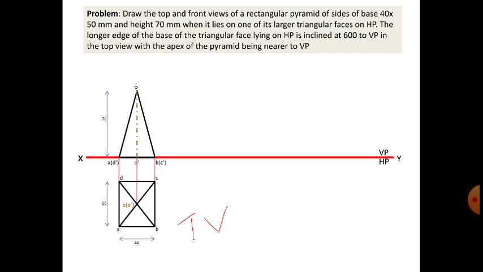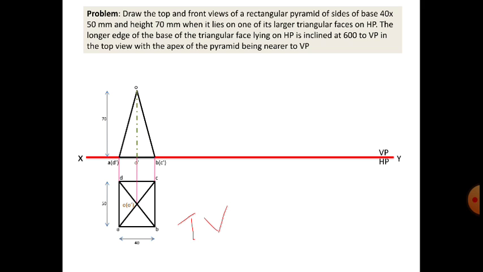So draw the O dash line of 70 mm, and then join A D dash and B C dash, a line of 40 mm.